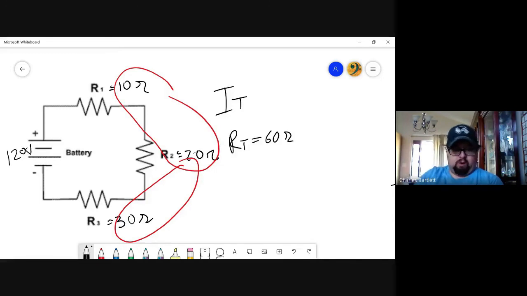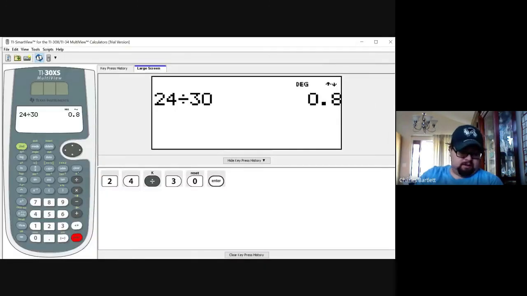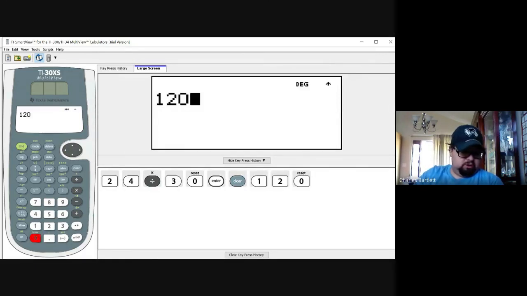And then we would do our math. 120 divided by 60, which is what? I'm going to come over to the calculator again, because even though it's easy math, it should show you how to plug it into the calculator.